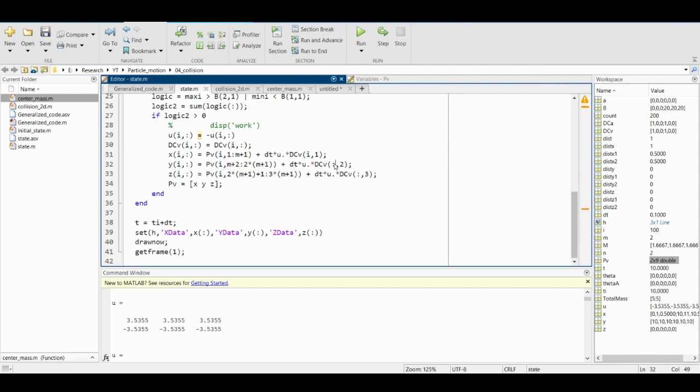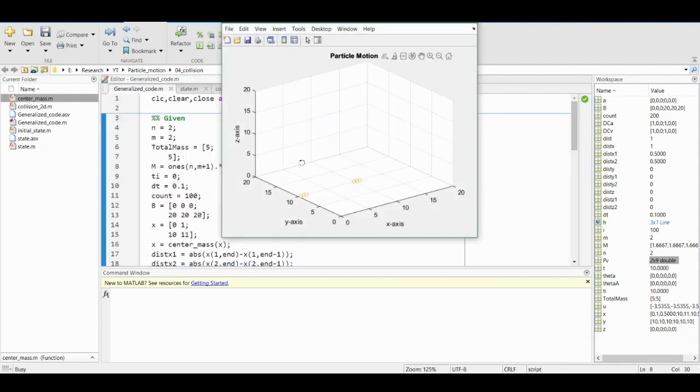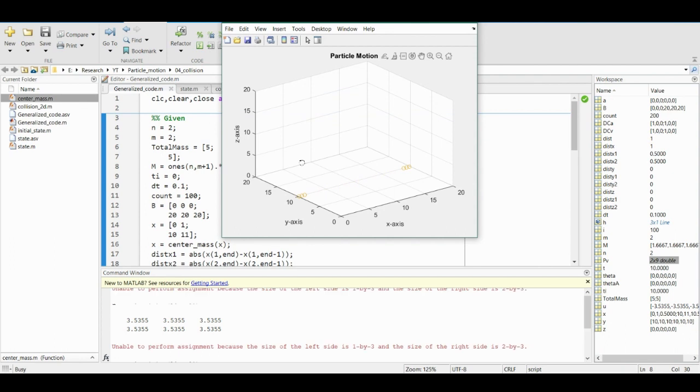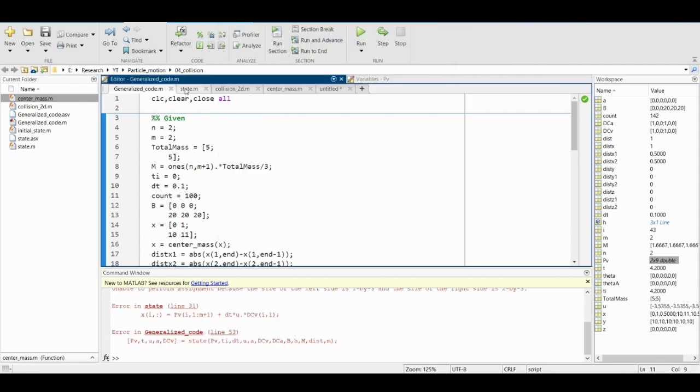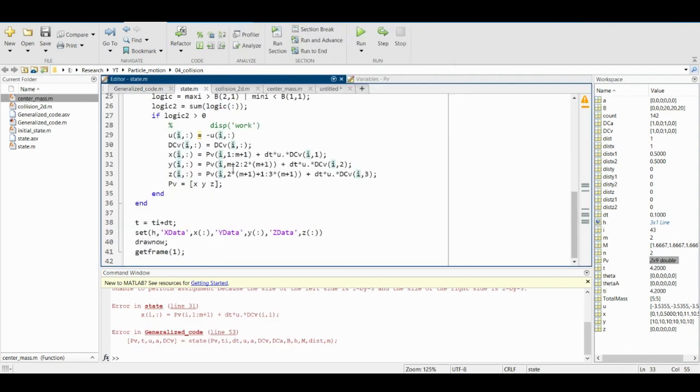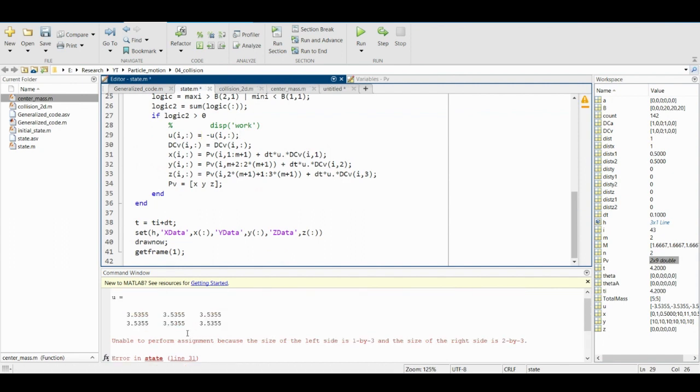Control C, Control V, I. Let's hope this time it works. I just bounce back. Okay, now there's an error. Okay, no problem. The error is in 1 by 3 and 2 by 3. Not all. Okay, dokie. 1, 2.